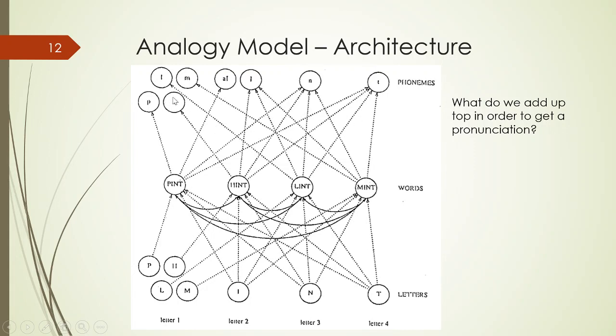So each of these nodes is a local representation node with respect to phoneme, but collectively they represent a distributed representation of pronunciation, okay? Because the pronunciation is a linear concatenation of the most active phonemes at each of the four positions.